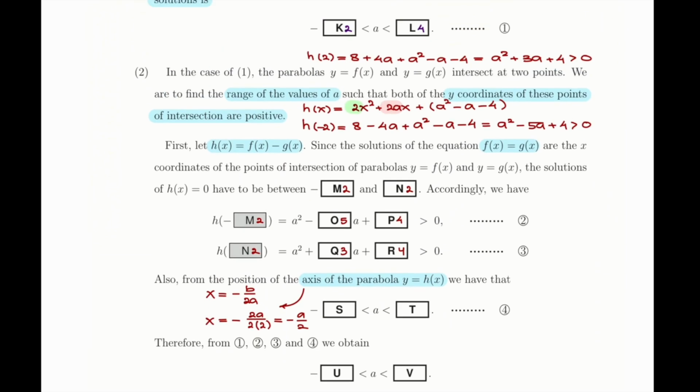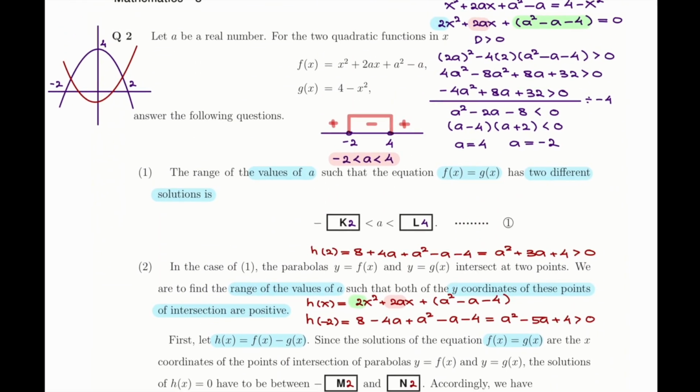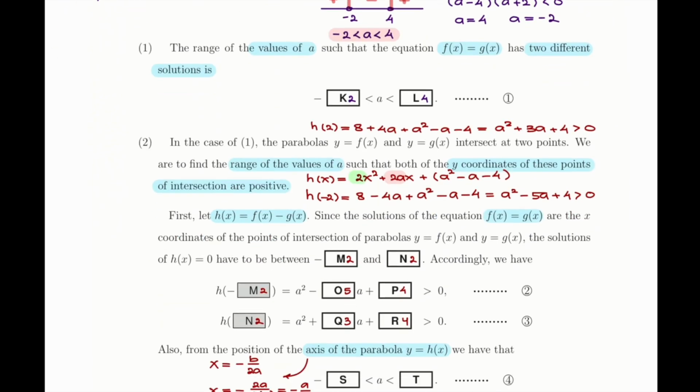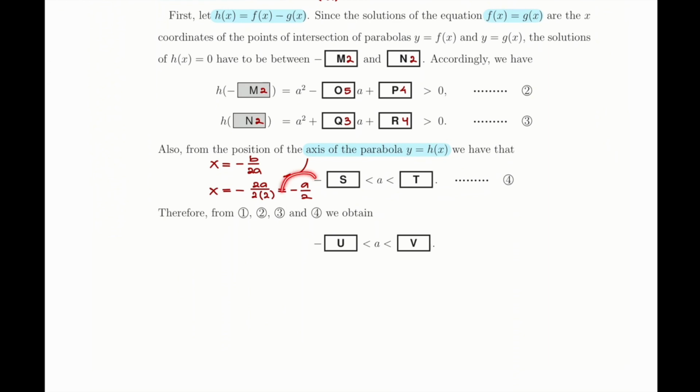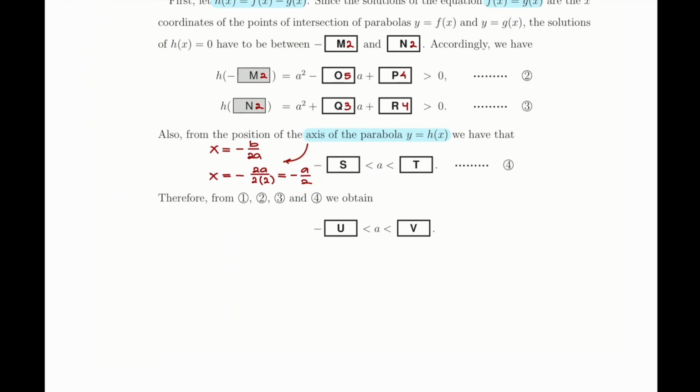Since the point of intersection of the two parabolas is between negative 2 and 2, the axis of symmetry of h of x must be between negative 2 and 2. So negative a over 2 must be between negative 2 and 2.